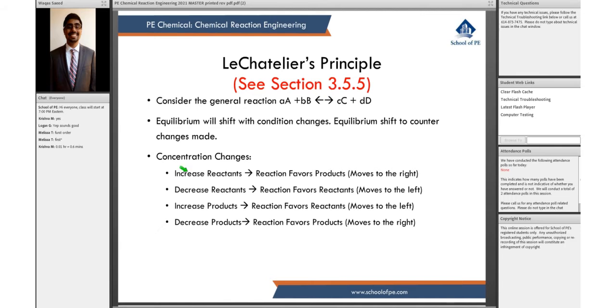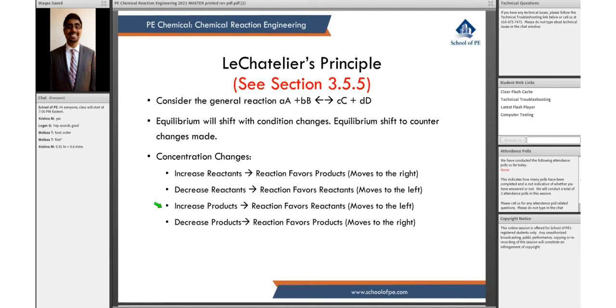So the reaction moves to the right, meaning the forward direction is the dominant reaction to try to bring it back into equilibrium. Now, when you decrease reactants, you need more reactants to form, so the reaction shifts to the left because you want the reverse reaction to be dominant here. So it should move right to left to counteract that change.